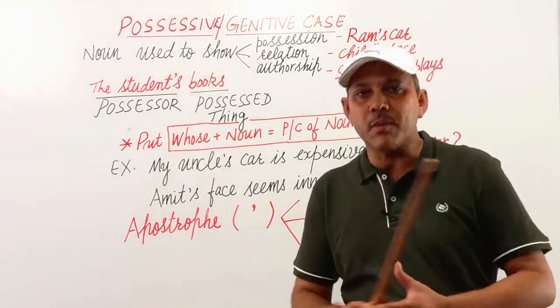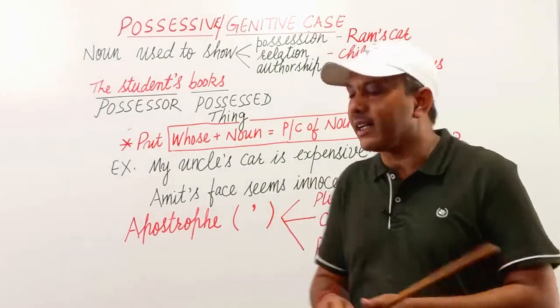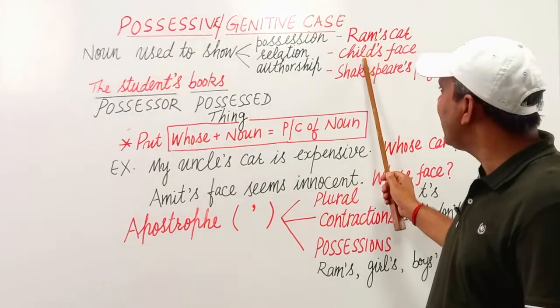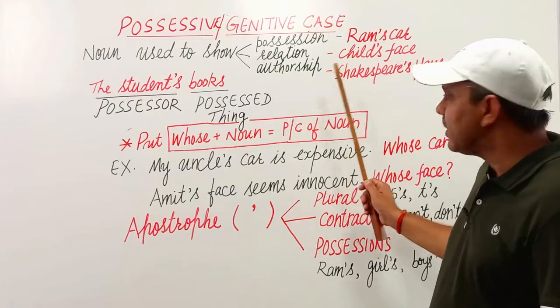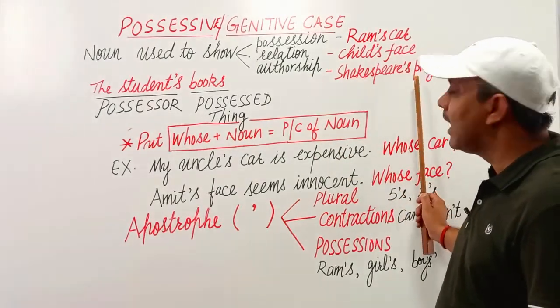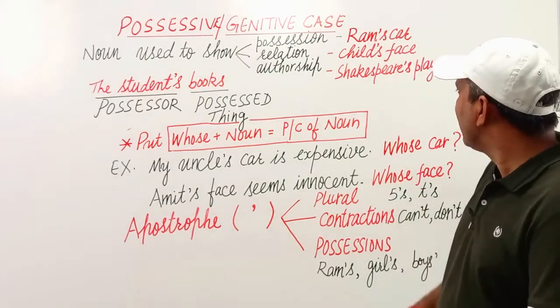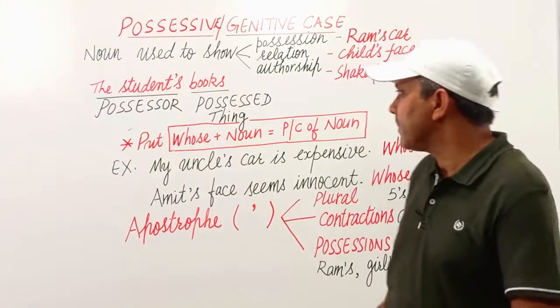Face is a part of her body. It is not possession, but it is related. This face is related with this child. Child's face. And in case of authorship, Shakespeare's plays means these plays are written by Shakespeare. In this way, we can show the possessive case of noun.